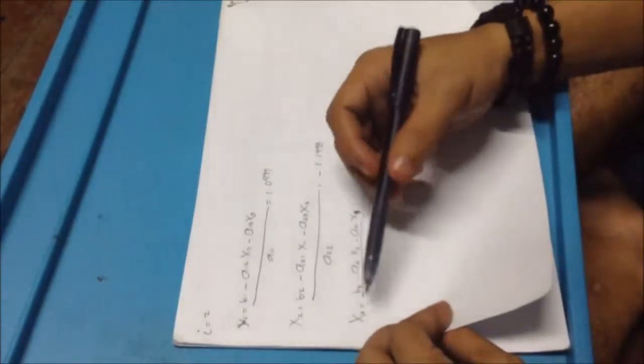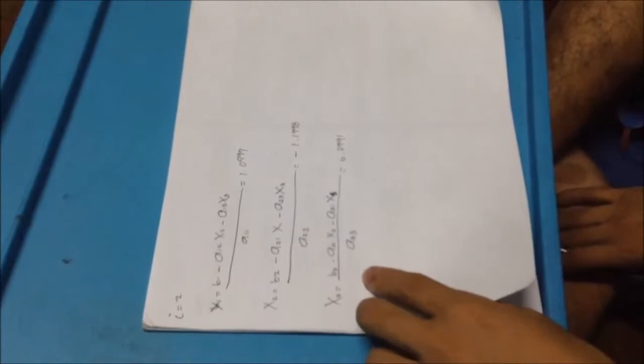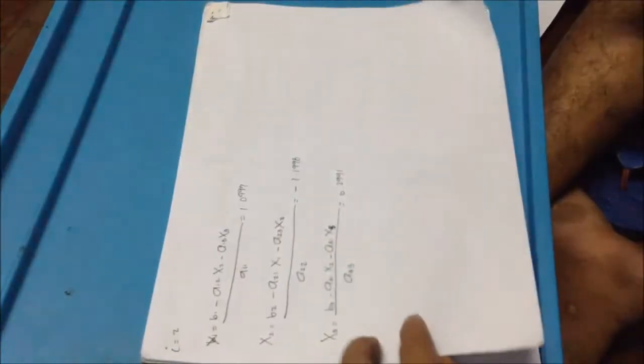And by substituting the given numbers for x sub 3 also, we come up with the answer of 0.29991.